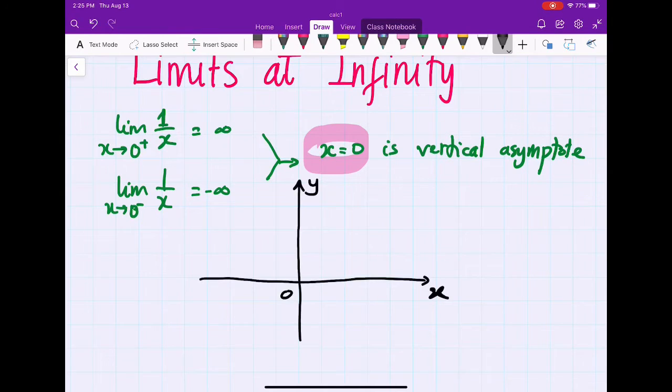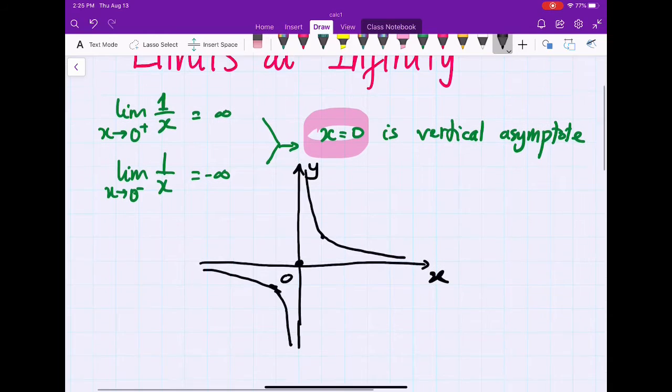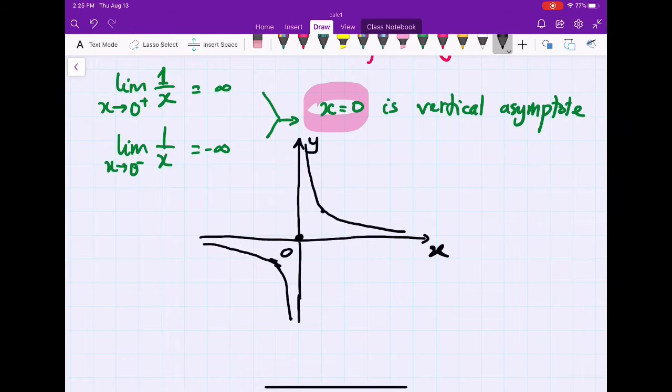In order to graph 1 over x, when x is greater than 0, so when x approaches 0 in here, the function just goes up, right? So you have something like this. Is that correct? That is the part for x greater than 0. For x less than 0, you have another one right here. Not exact, but the graph of 1 over x looks like this.